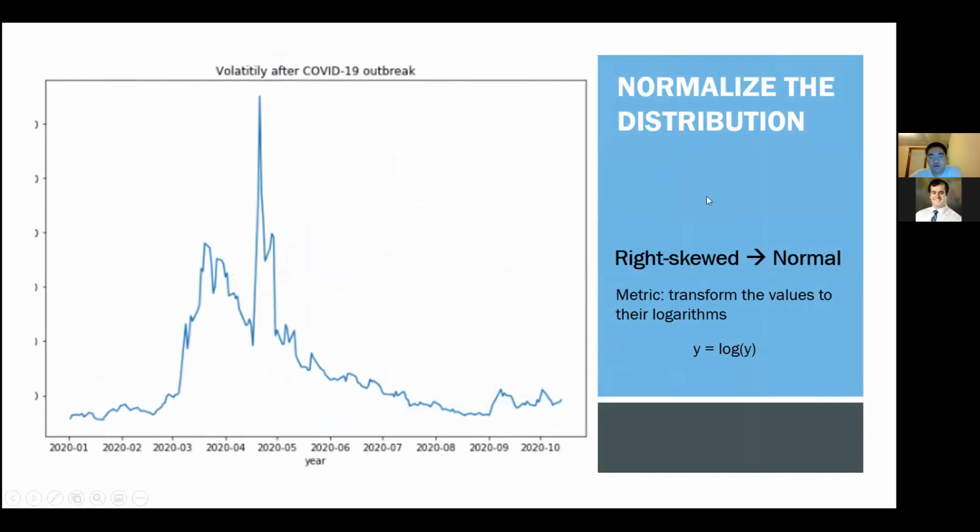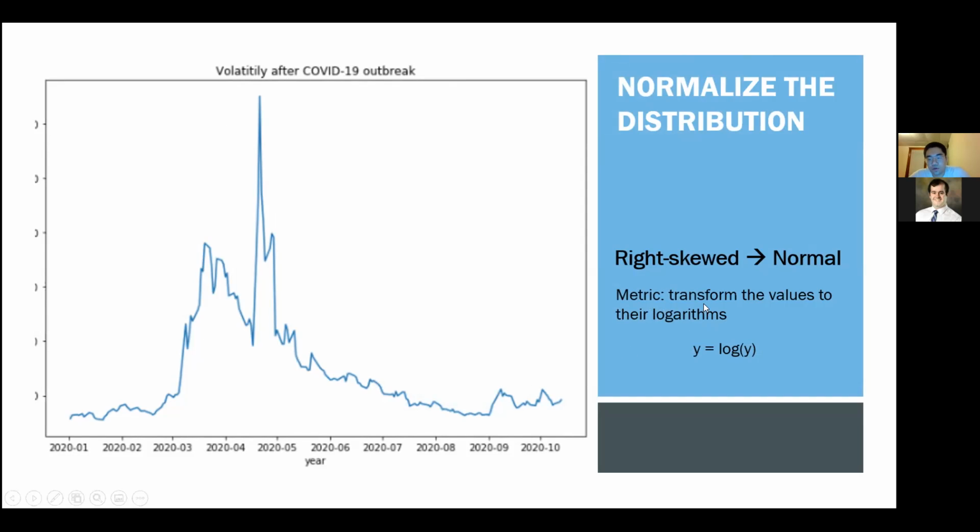For a regression problem, there are usually requirements for the distribution of the dependent variable to be normal. We can see the volatility distribution over time is a right-skewed distribution.